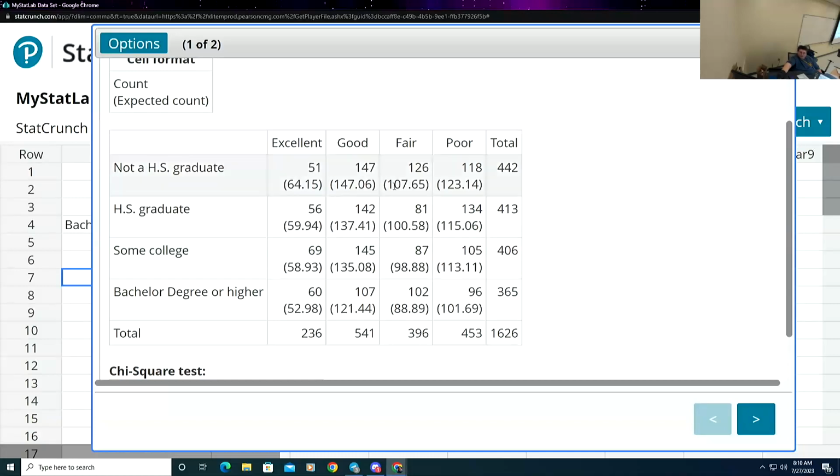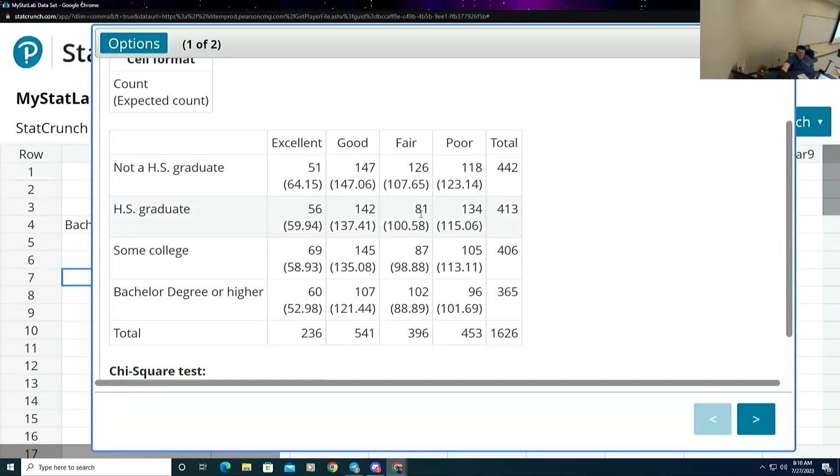But if you look at it, if this is 126, it should be 107 if it was fair. That's 20 off, which is like 20 out of 126, about 16%. That's a really big difference. 20 isn't a lot if this was like 2000, but it's only 120. That's a big number.